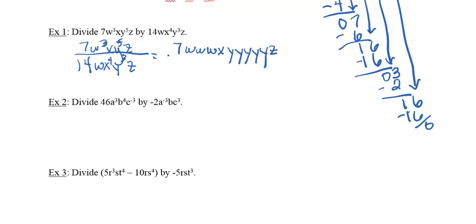So that's my numerator. Now I'm going to try and draw a line, and then I'm going to do the bottom. 14 I know is 2 times 7. So I'm writing it as prime numbers. I have a single w. I have 4 x's, 3, 4.